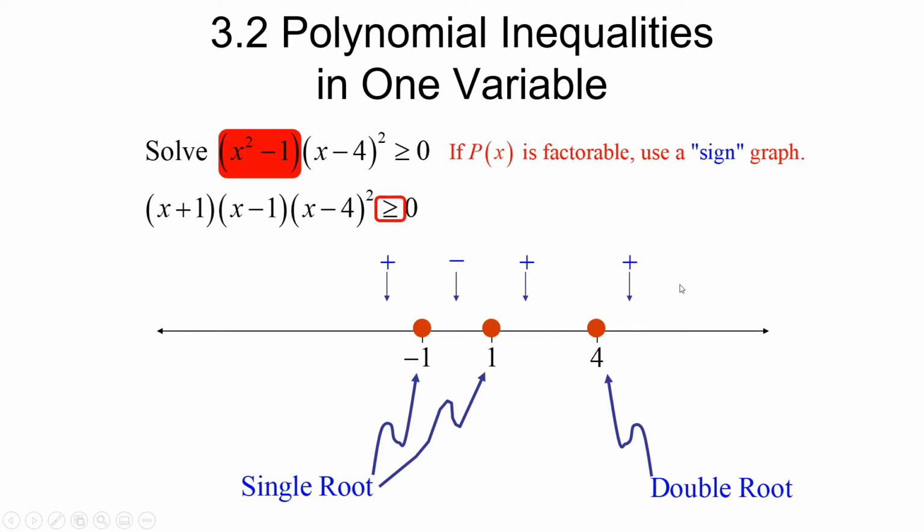And there we go. I'm ready to answer this question with both a graph and inequalities. I'm looking for greater than or equal to 0 right here. So I'm looking for these pluses. So see this plus right here? I'm going to have this interval. And that is what? Let's go ahead and write the inequality that represents that. So that would be x is less than or equal to negative 1.